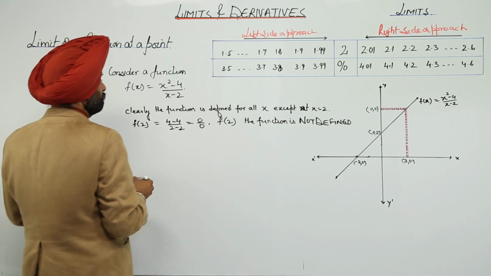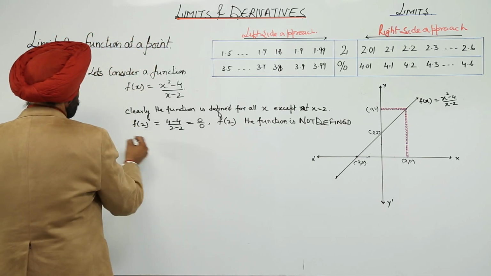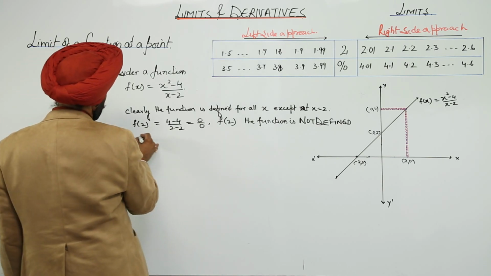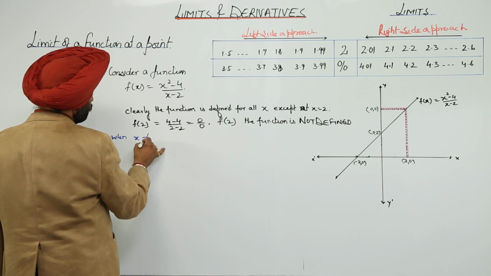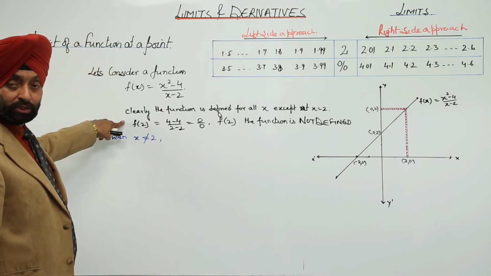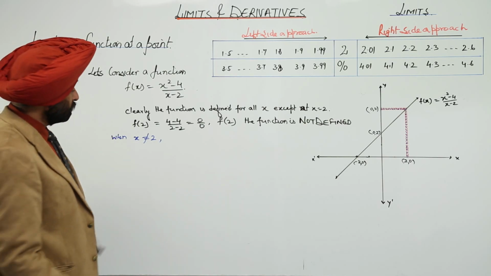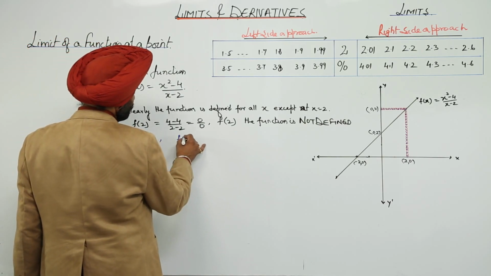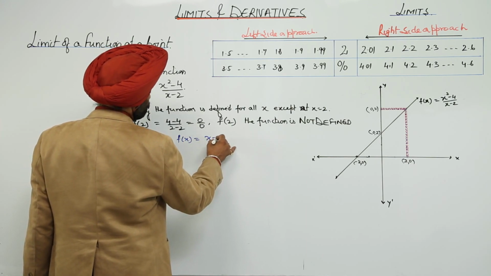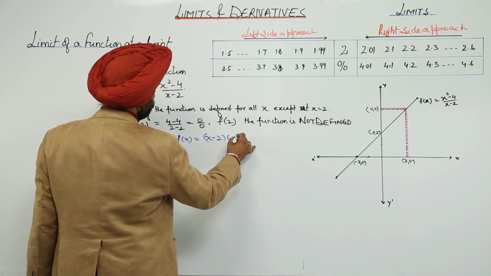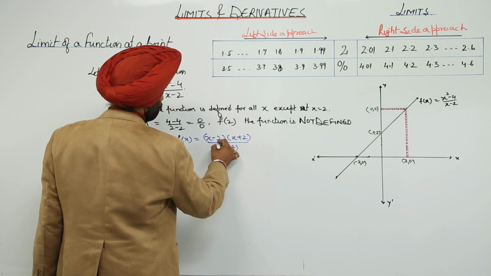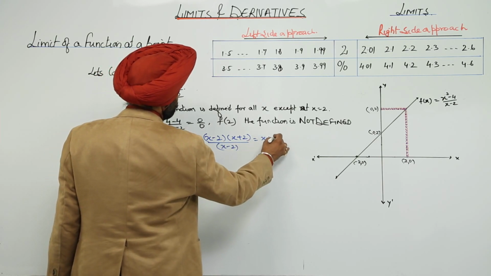When x was equal to 2, we got this thing. Now when x is not equal to 2, can we write it like this? f(x) is equal to (x minus 2)(x plus 2) upon (x minus 2), that is x plus 2.